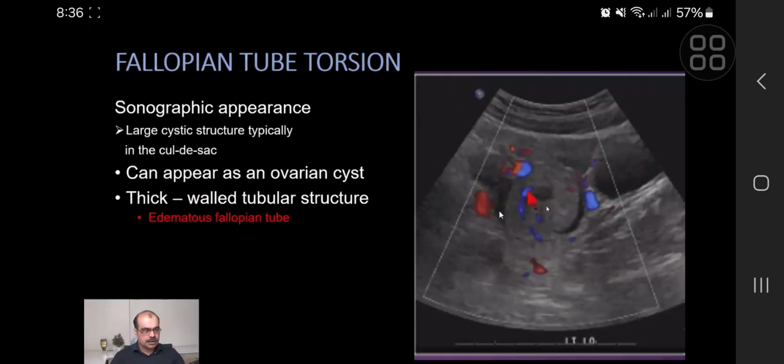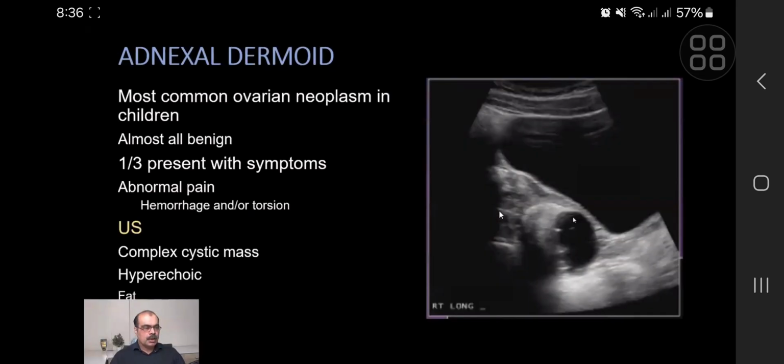Another important thing which is going to present with pain is the adnexal dermoid, and this is the most common ovarian neoplasm in children. And almost all are benign.